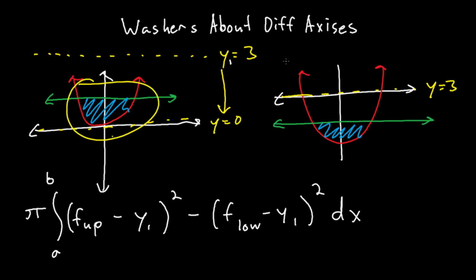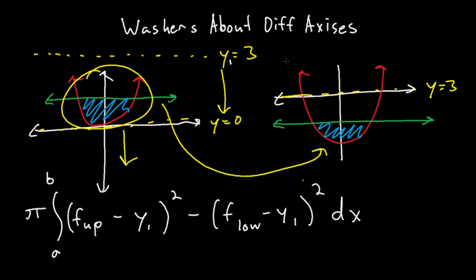And if we also translate this function down to get something that looks like this, then we also get the same thing as your previous visualization, but just translated down by 3. And now you can just treat this as a regular washer and regular disk problem, where you just rotate it about a quote-unquote x-axis.